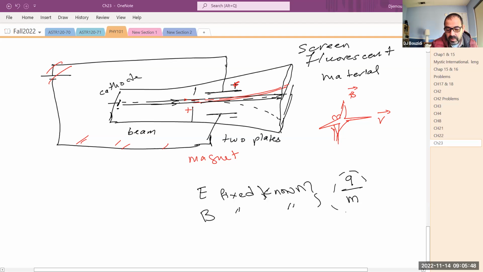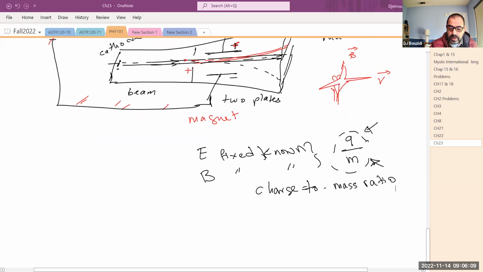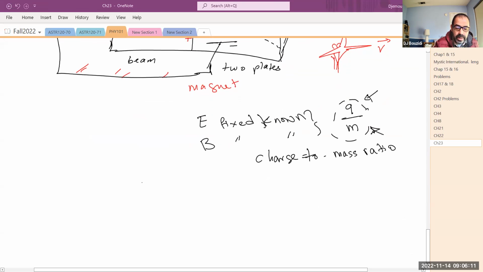He didn't find the charge of this particle, he didn't find the mass of this particle, but he found the charge to mass ratio. And this is interesting, because he compared this one to another known material, namely the ions of hydrogen.